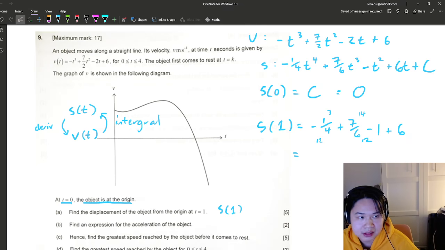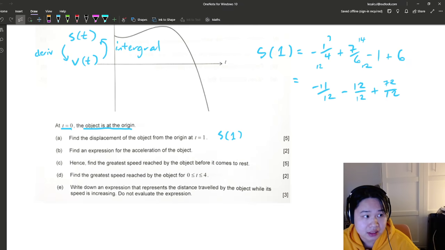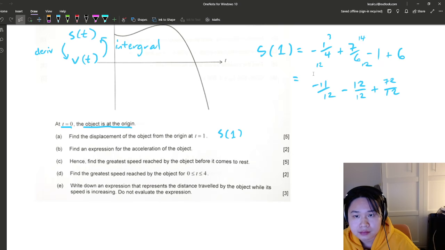Can't change my colors right now, so whatever. Okay, so if I add those two together, I'll get negative 11 over 12. I need to subtract a 1, which is 12 out of 12. And then I need to add 6, which is, what, 72 over 12? No, sorry. Okay, fraction math. Great.